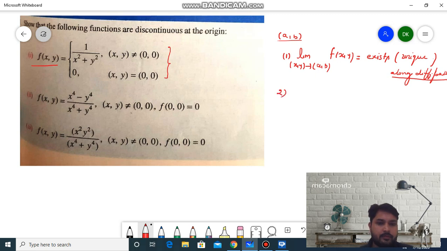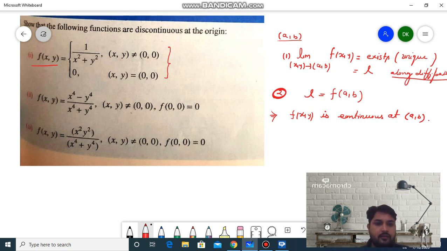Number second, suppose the limit exists, then it will be equal to some value, say L. If L is equal to the value of the function, when these two conditions are satisfied, then we say the function f(x,y) is continuous at the point (a,b).